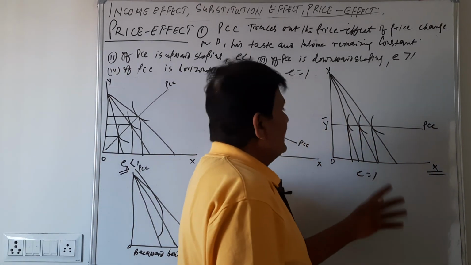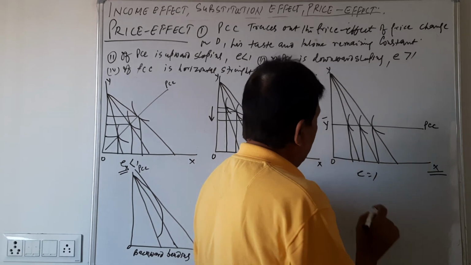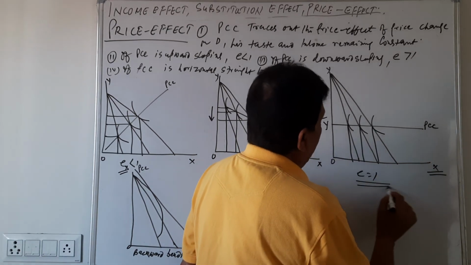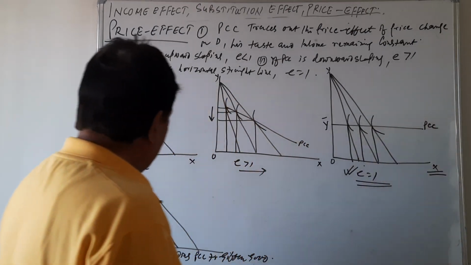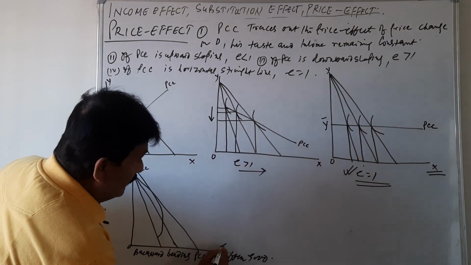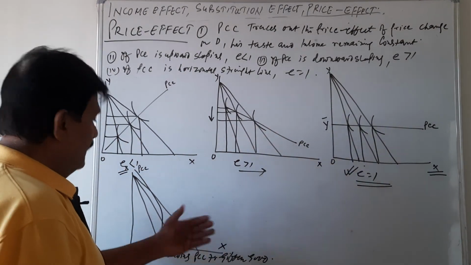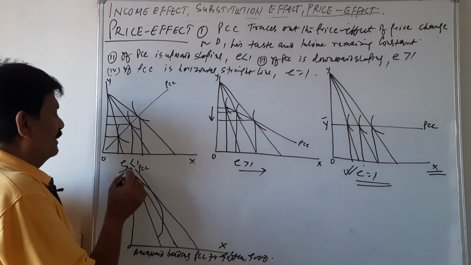So the proportionate change in price as well as the proportionate change in demand of X is exactly the same. So this PCC explains that good X happens to be unitary elastic. And when commodity X happens to be a Giffen good, that is, an inferior good, then in such a case this PCC would be of backward bending shape.